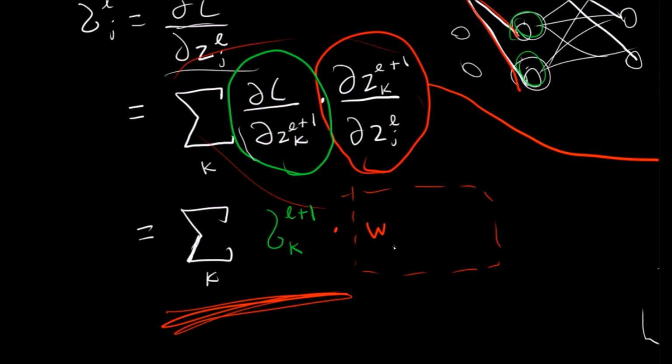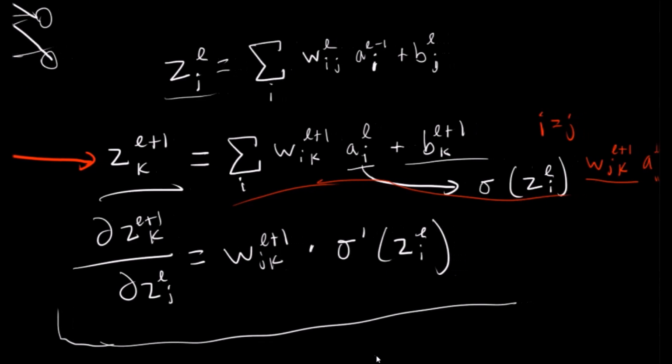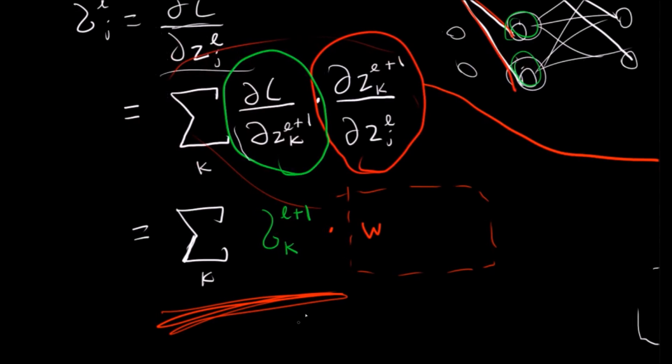W_IK, or wait, am I using J or I? I don't remember. I think we're using J, right? Yeah. W_JK of L+1 times the derivative of the activation function of Z_J of L. Okay?